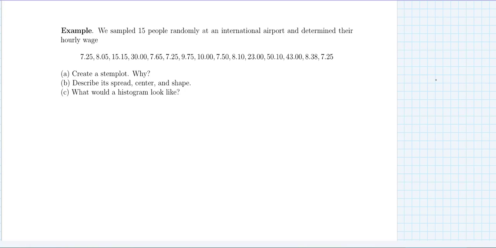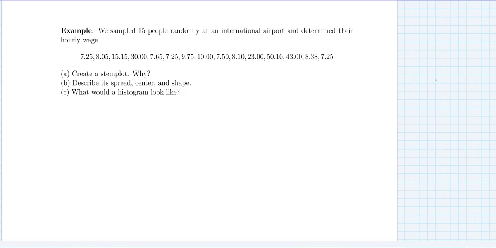In this video, we're going to be working through an example using stem plots so that we can understand them a bit better. So here we have randomly sampled 15 people from an international airport and determined their hourly wage, probably by walking up to them and saying, hey, how much do you make an hour?